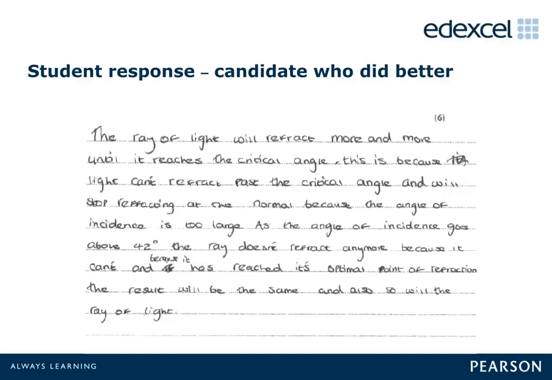This response gives a good account of what happens before the critical angle, but does not go on to say what happens when the angle of incidence is increased beyond the critical angle.